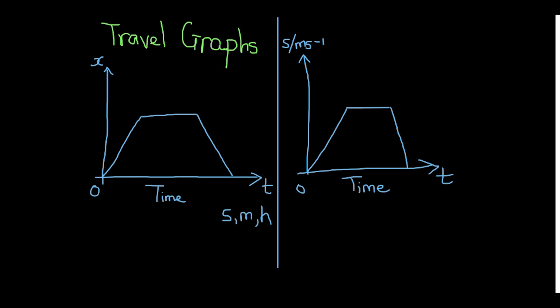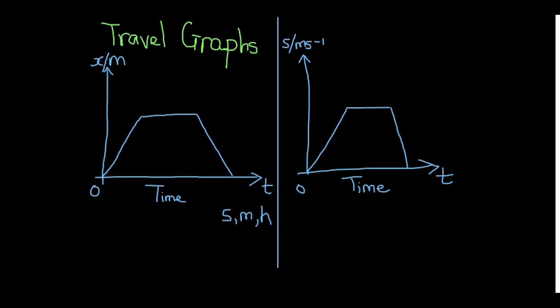So here where you see x, this x is representing distance, and distance could be measured in meters, it could be measured in kilometers. It depends on the type of journey that we're looking at. And then on our speed time graph, we're measuring speed.